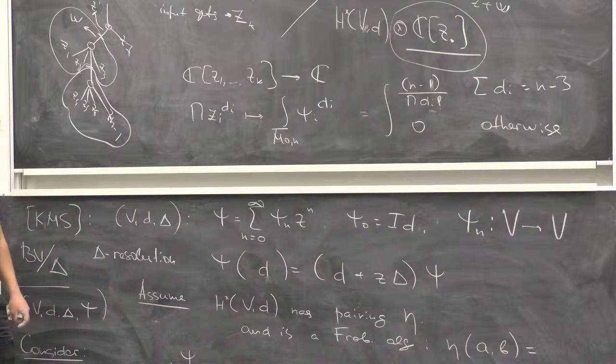Is there some sort of selection rule for these trees?